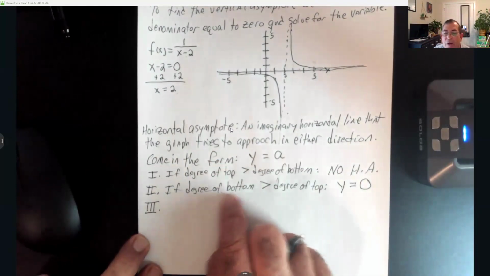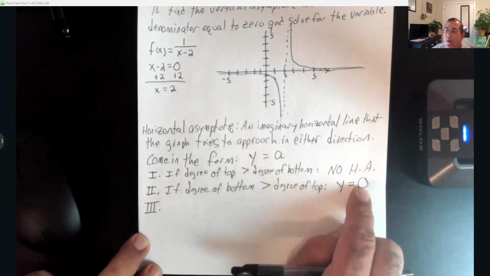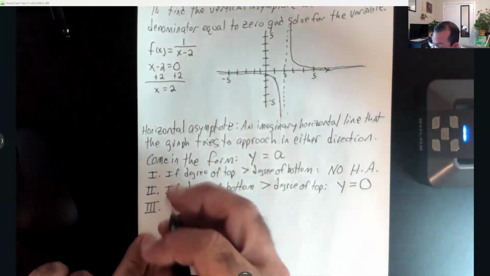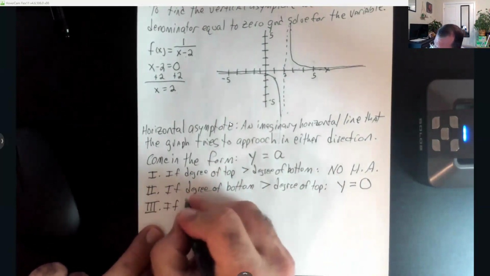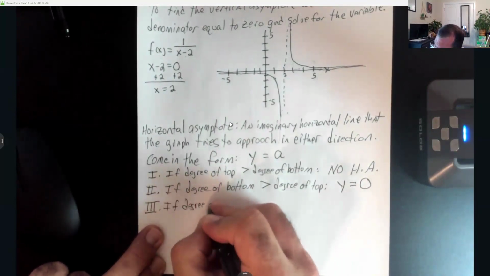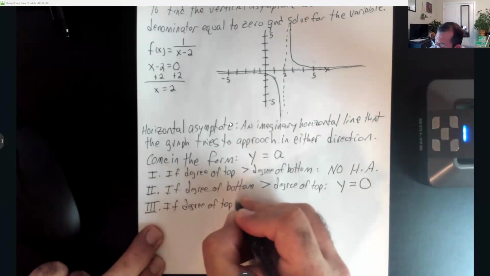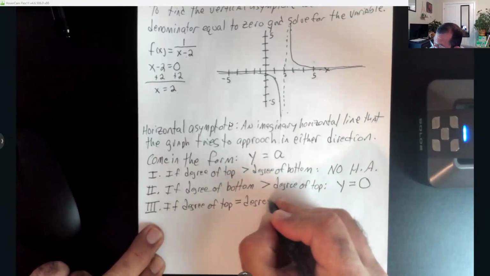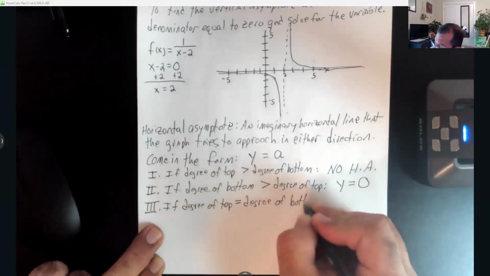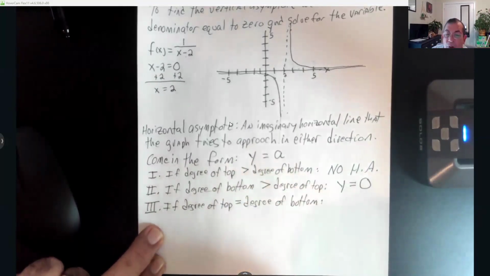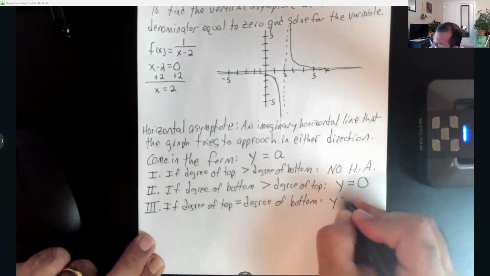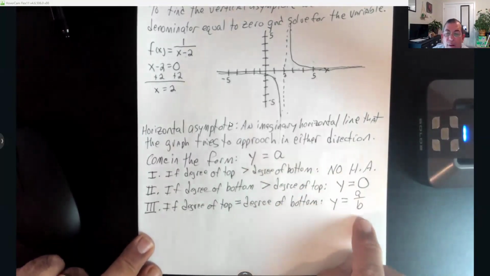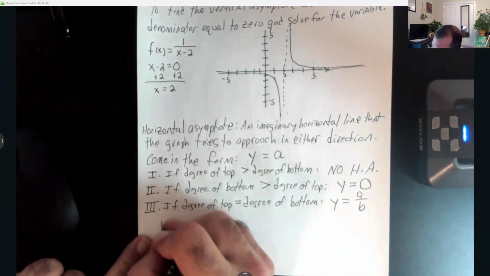If the bottom was greater, it went to 0. Well, the other choice would be if the top and the bottom were equal to each other. So if the degree of the top equals the degree of the bottom, then your asymptote will be y equals a over b, where a and b are the lead coefficients.